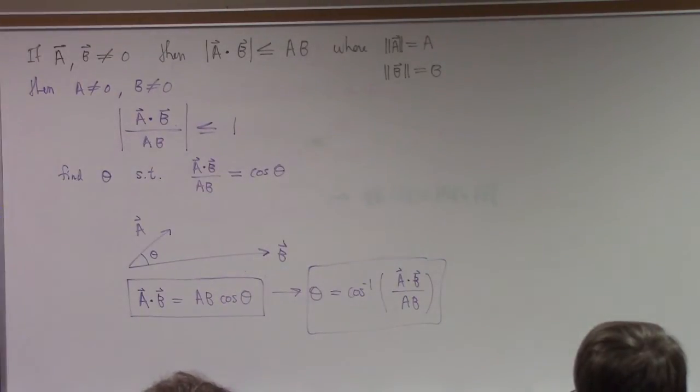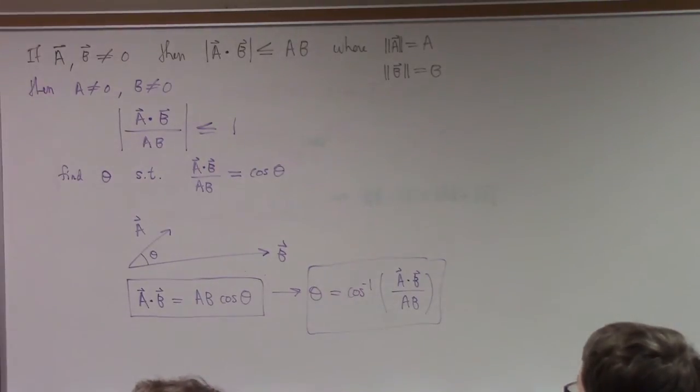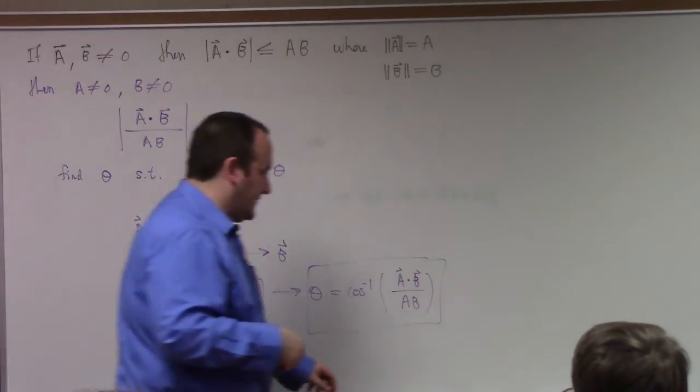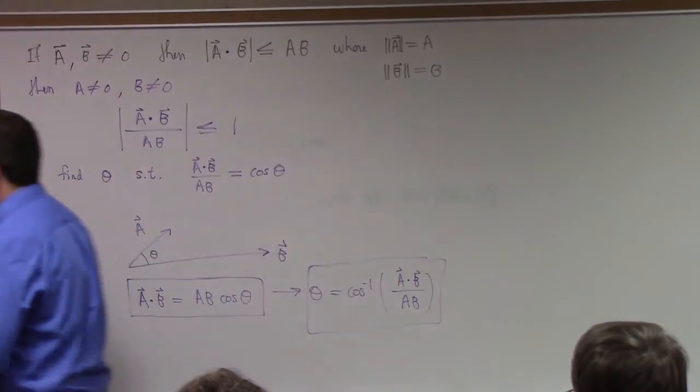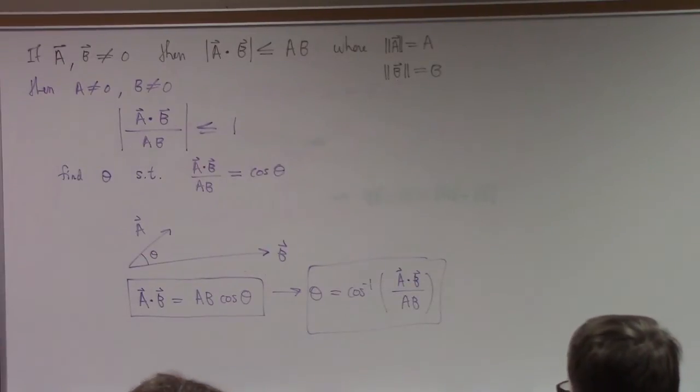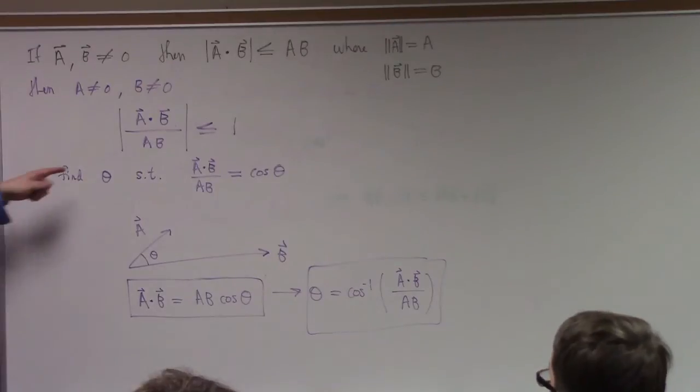So we can go back here and find the angles between the vectors whose dot products we calculated. Let's take a minute to do that. Let's go back to our example 1 and example 2 and find the angles between these vectors. Does A dot B over AB always give a value in the domain of the inverse cosine function? Yes, because of the Cauchy-Schwarz inequality.